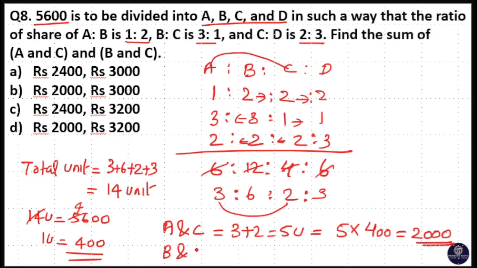Then B and C. B and C is equal to 6 plus 2. That is 8 units. 8 units is equal to 8 into 400, 3200 rupees. So here 2000 and 3,200 rupees. That is option D is your answer.